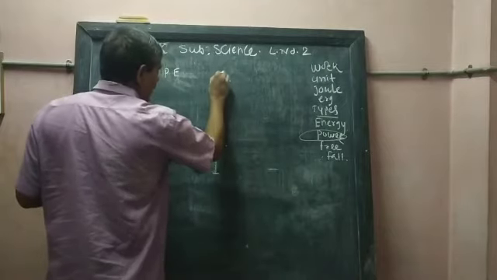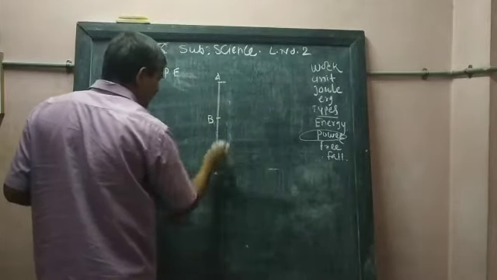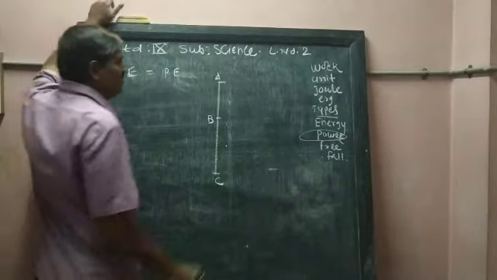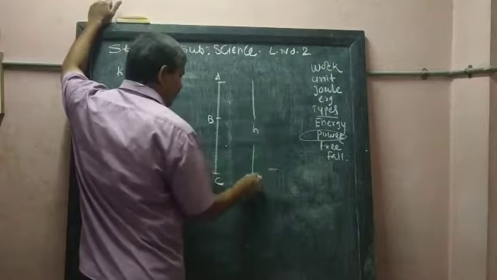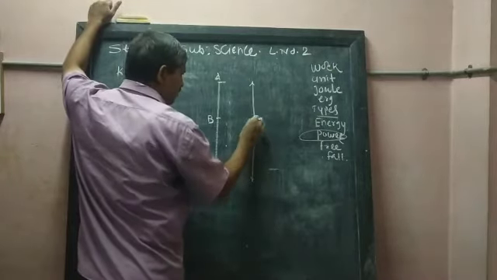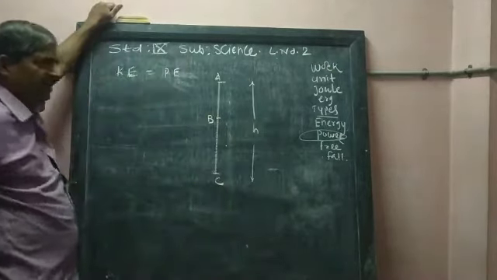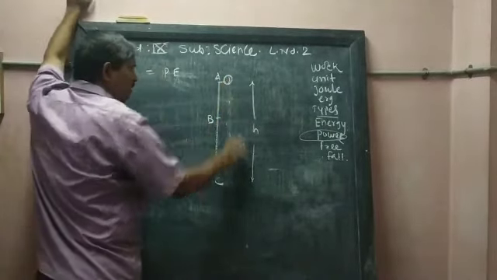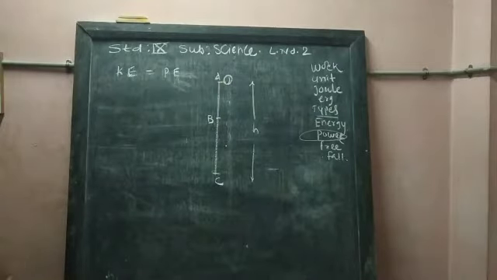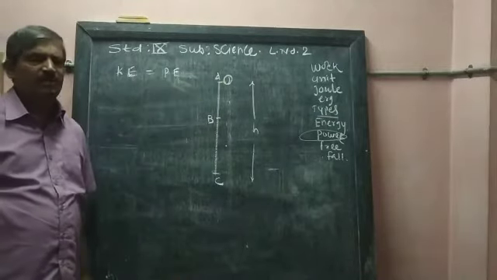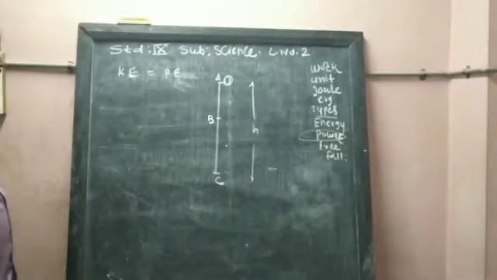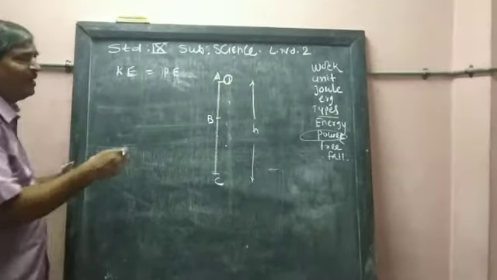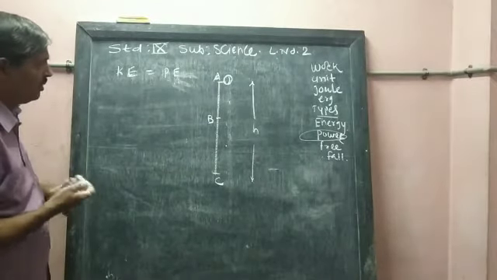This is A, this is B, and this is C. AC is one particular height. The distance between the two points C and A is H. If this object is released from a certain height, from point A, we have to see how kinetic energy and potential energy are equal to each other.